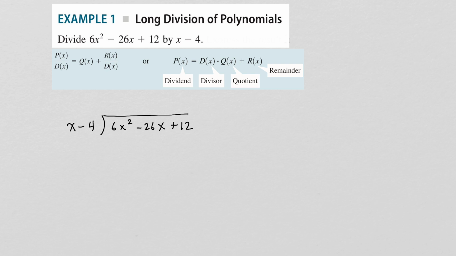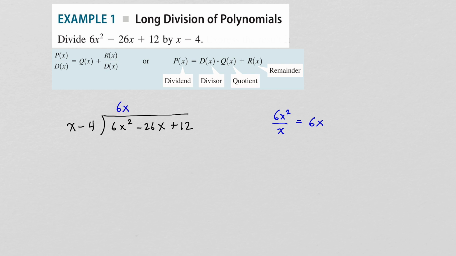Now the way this works is we simply focus on the leading term of the divisor and the leading term of the dividend. So let's ask ourselves, how many times does x divide into 6x squared? So we're taking 6x squared and dividing it by x, and this gives us 6x. So we'll put that answer here. So x goes into 6x squared 6x times.